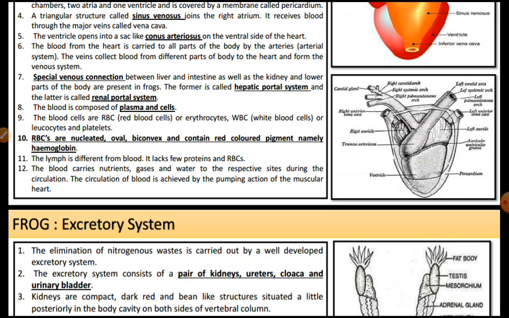Normally veins are formed from capillaries and end in the heart, but whenever they again divide into capillaries, that is known as a portal system. In the frog we can see two types of portal systems, renal and hepatic. These are all for lessening the load.